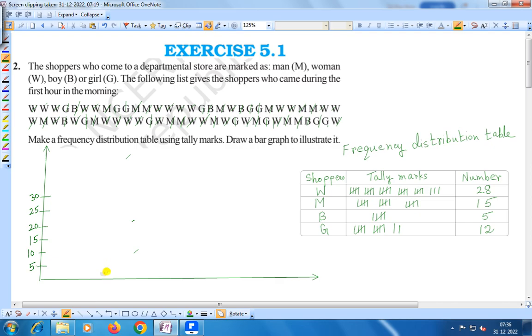Right. And in the horizontal line we have to make the bar graph. Right. That is for women.